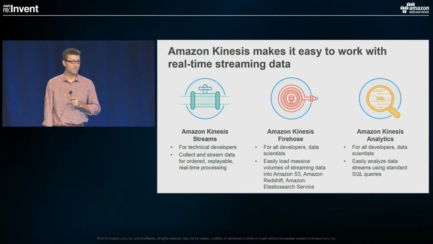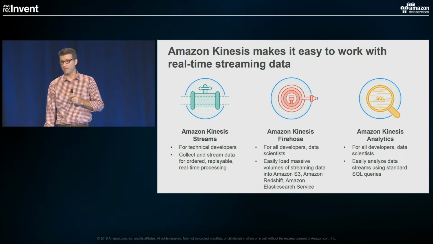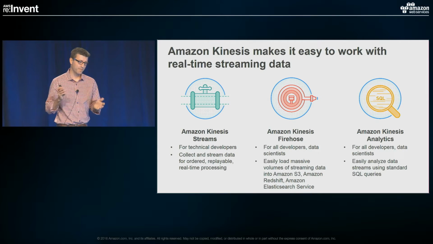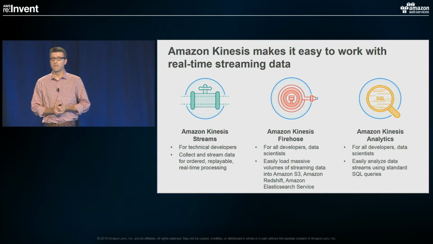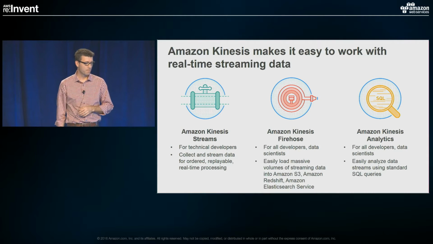We've got Amazon Kinesis Streams, Amazon Kinesis Firehose, and Amazon Kinesis Analytics. We're going to touch briefly on Kinesis Streams and Kinesis Firehose, and then we'll get into Kinesis Analytics in a bit more depth. The reason we need to talk about Kinesis Streams and Kinesis Firehose is because they are a requirement to use Kinesis Analytics.